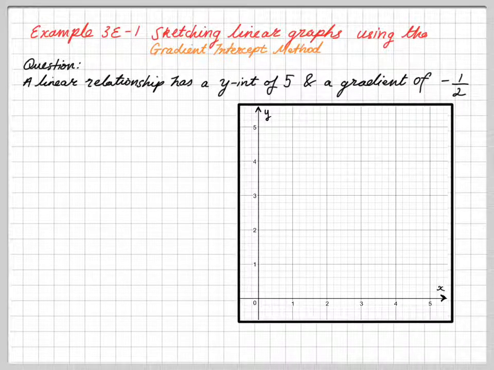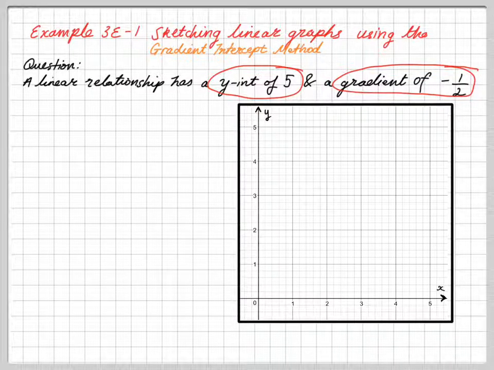As you probably can see here, we have in this question a linear relationship that has a y-intercept of 5, and also a gradient of -1/2. So with these two variables, we are able to draw a linear equation.